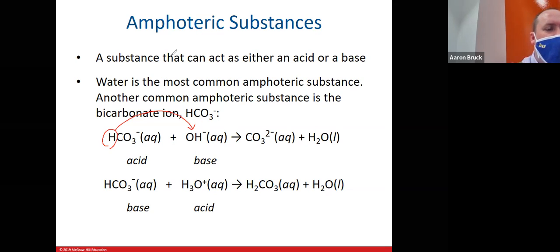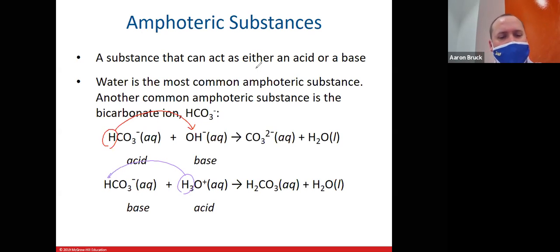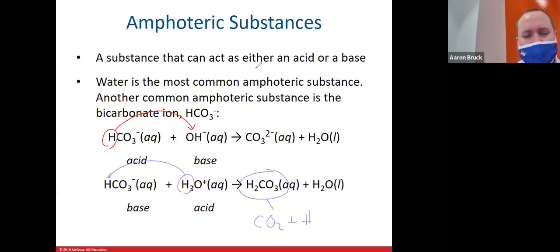Get it in a strong enough acid, and it can actually take on that hydrogen ion and form carbonic acid, H2CO3, which in a weird twist, will usually decompose into carbon dioxide and water.